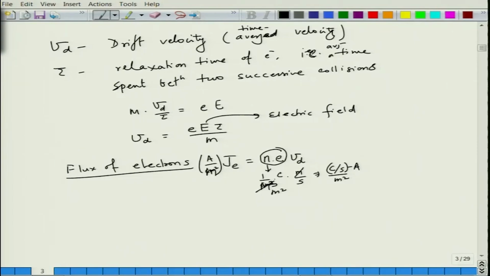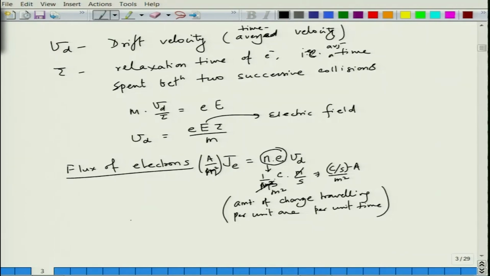So basically it's the amount of charge traveling per unit time per unit area. So that is what it is. So J is equal to NEVd, you can say the amount of charge traveling per unit area per unit time. That is what the flux is basically.